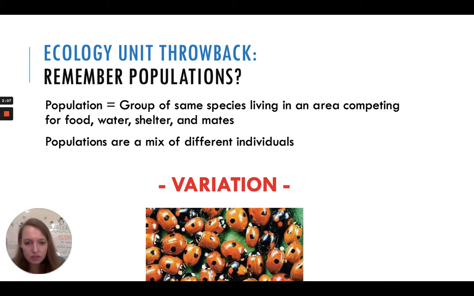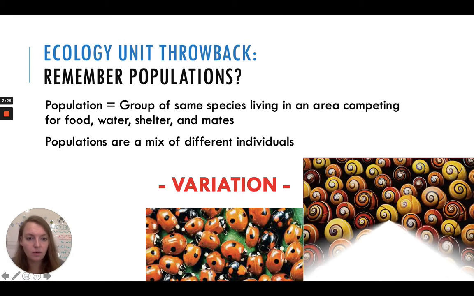And so here you can see I've got a picture of some ladybugs. And if you look closely, you'll notice they're not identical. They are all a little bit different from each other. They are unique. So there is variation in this population. There's variety in it. Let's look at another one.